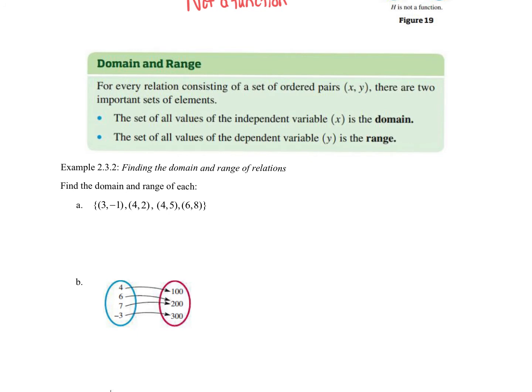So something we talk about a lot with functions is domain and range. Domain is the x, range is the y. If you have problems remembering that, they go in ABC order. So domain came first, so domain goes with the x. Range came second in alphabetical order, so range goes to the y because the y comes after the x.